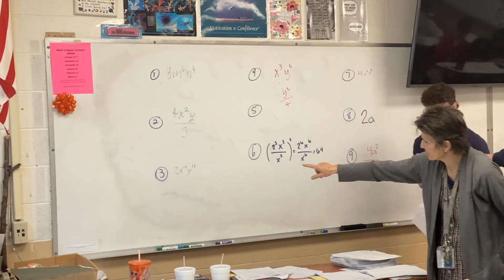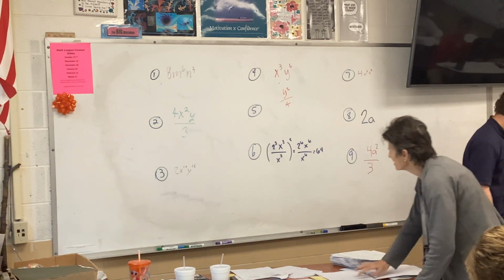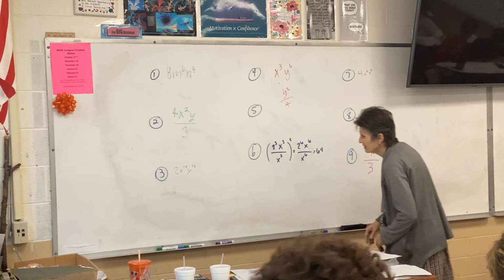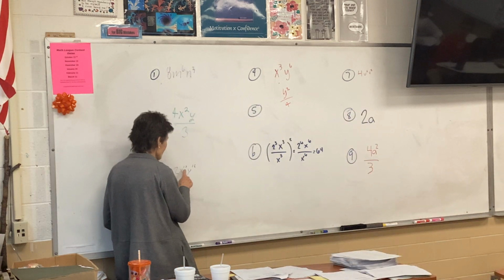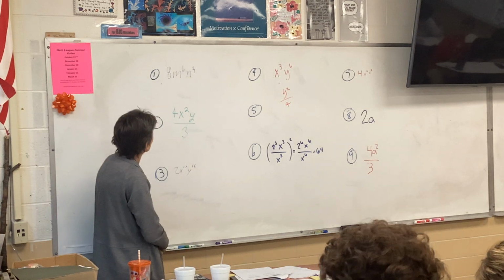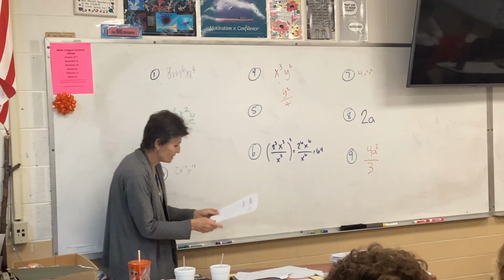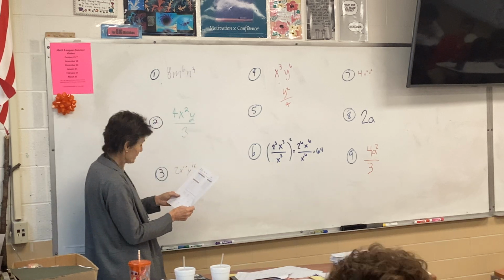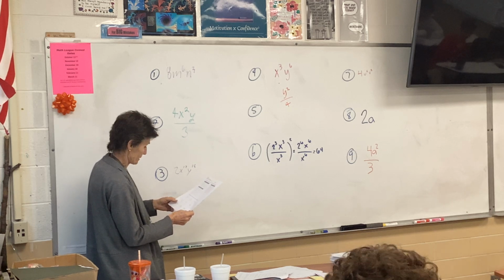It's 2x to the 12th, I think, y to the 17. This looks like a 16 to me. It's x to the 17th, y to the 16th. That's what that one says, okay? All right, are there any of these we need to discuss?